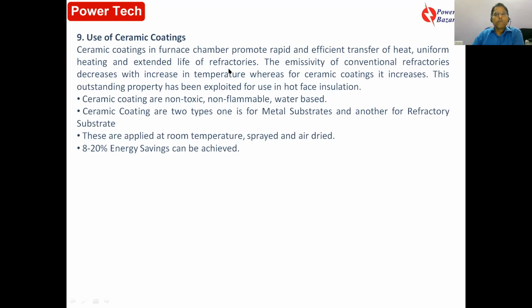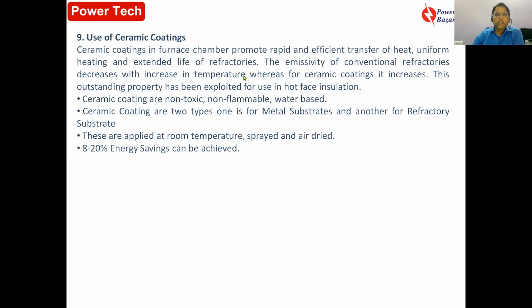Now, the emissivity of the ceramic coating increases as the temperature increases. So what will happen? Inside the furnace, if the temperature is high, it will try to emit that heat back towards the furnace. So it will not allow the heat to get through the wall of the furnace to the outside.